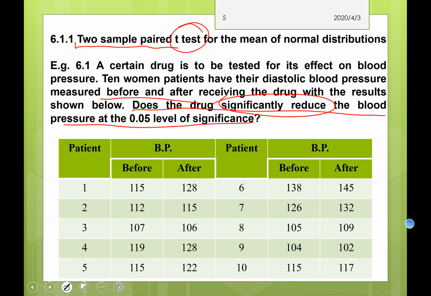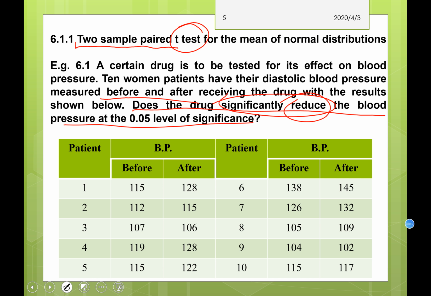If after is higher than before, it means increase, right? If before equals after, that means there is no difference, right? So here, significantly reduce is similar to different. That is a keyword. So we can know that we need to use hypothesis testing, not estimation. We don't need to calculate the 95% confidence interval. We just do the hypothesis test, right?